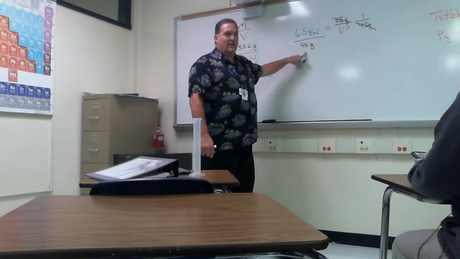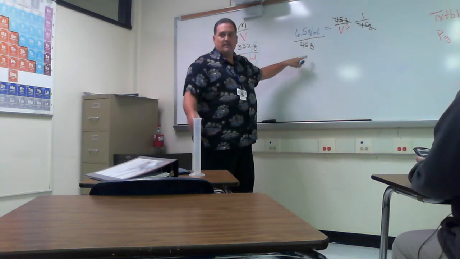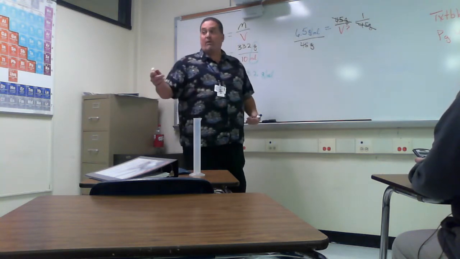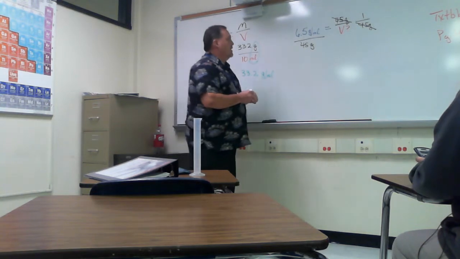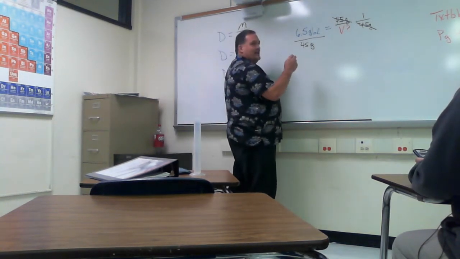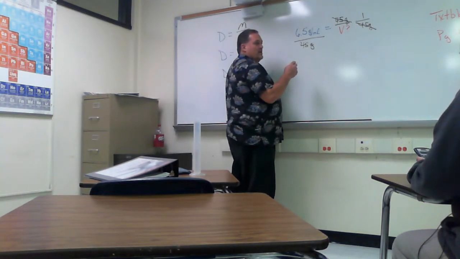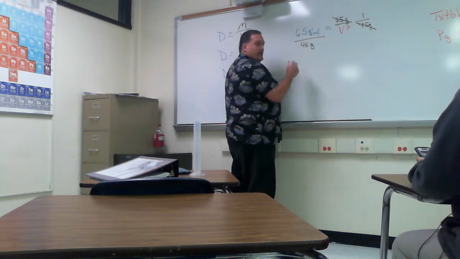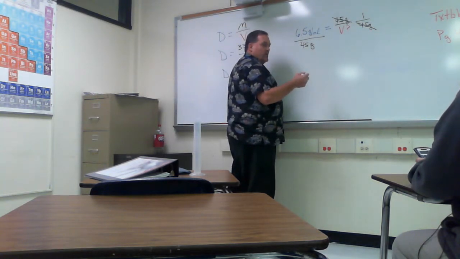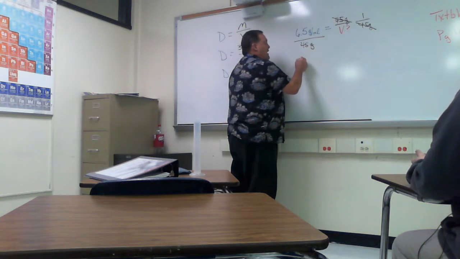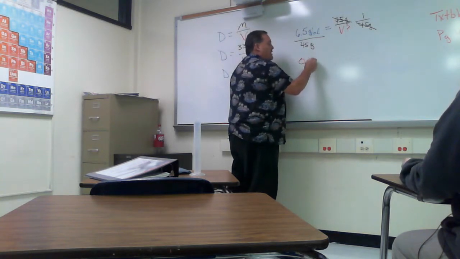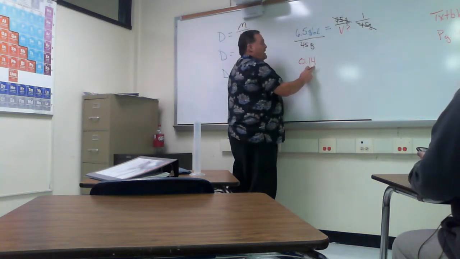You should come up with a fraction. 0.14. It says 0.1444, okay, well, we don't need to worry about that. Do you agree now, Stephen? It's 0.14? Okay. So now we have 0.14. See, that's only 14%.